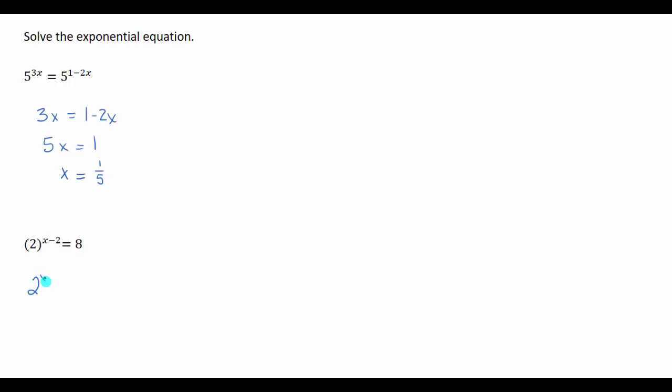So it's 2 to the x minus 2 equals 2 cubed. Now that my bases are equal, I can equate my exponents, getting x minus 2 equals 3. Solving that, I get x equals 5.